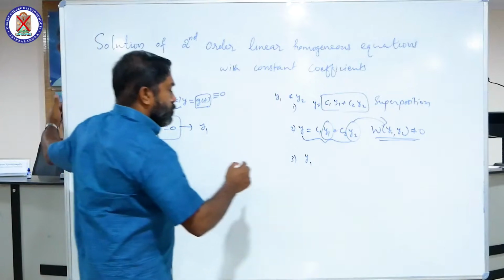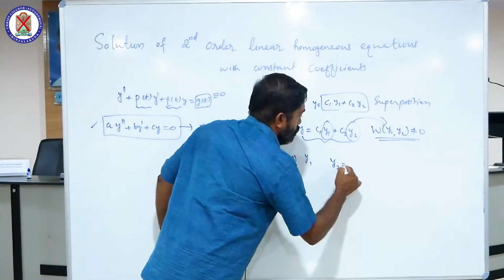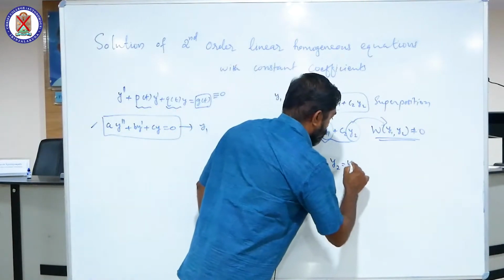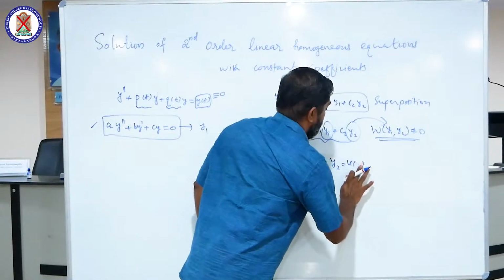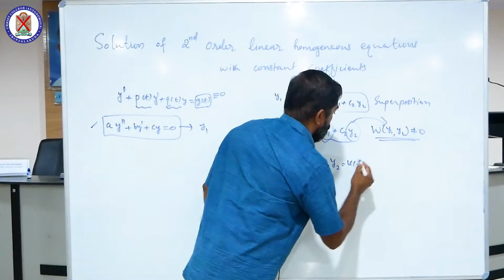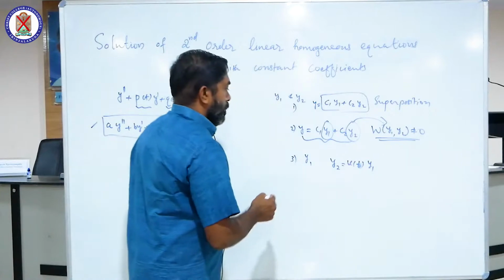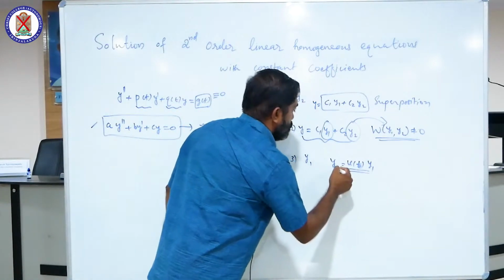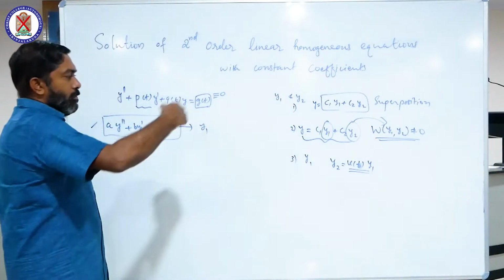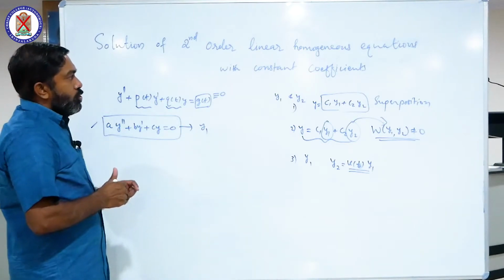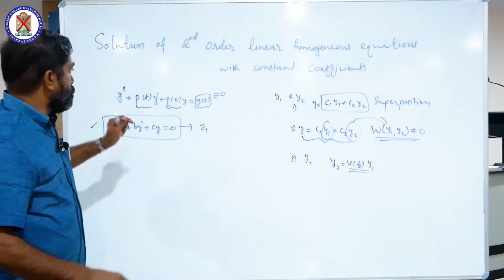For that, we choose the second solution y2 equal to u of t into y1. By substituting this y2 in this equation, we can obtain the second solution. That method is also needed for the solution discussion.